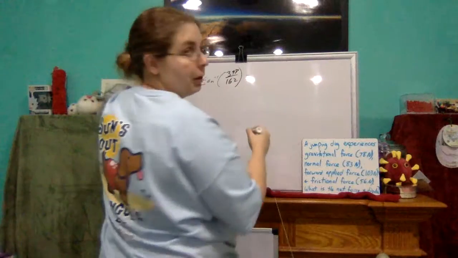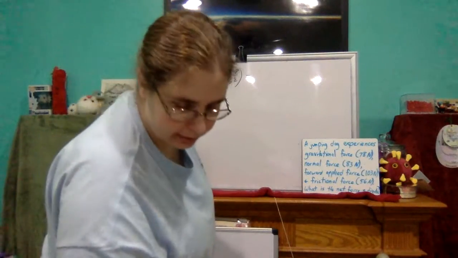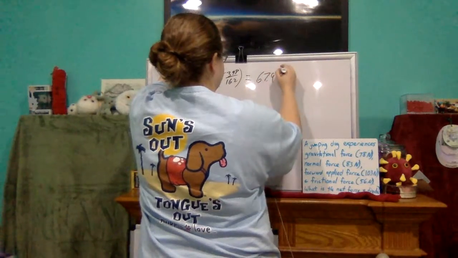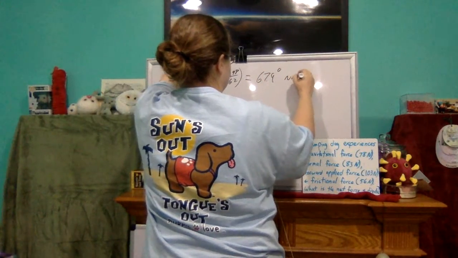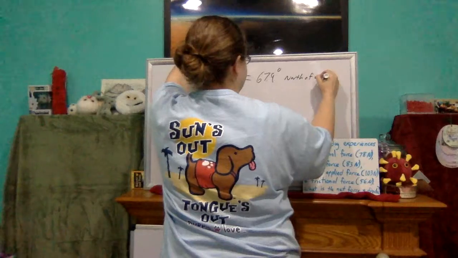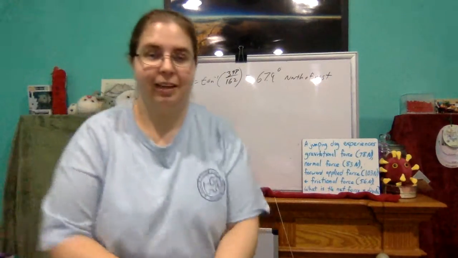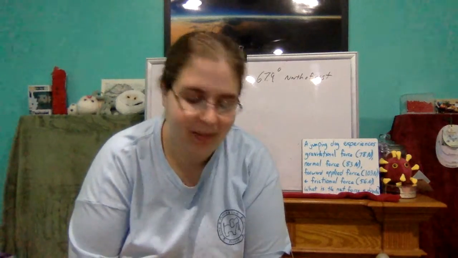I looked at the wrong part of my sheet, so I just want to make that correction. It is actually 67.9 degrees north of east. I've got messy handwriting all over my sheet. I'm bound to make mistakes at some point, so I apologize for that, but that'll correct that error.